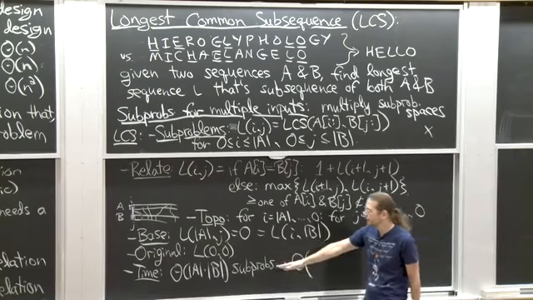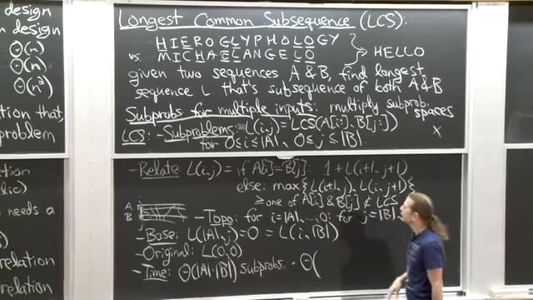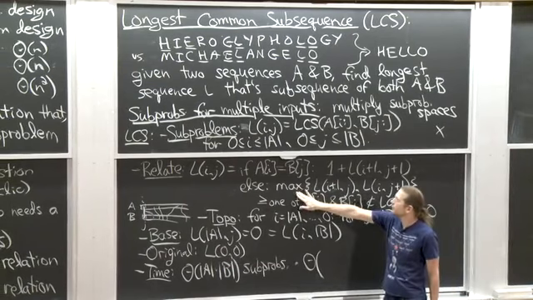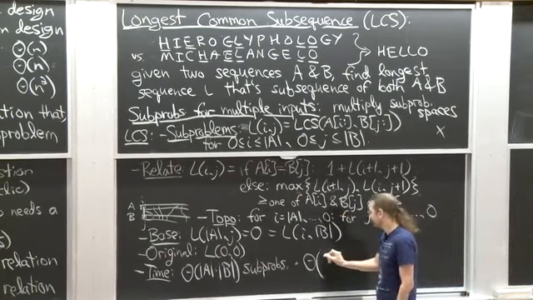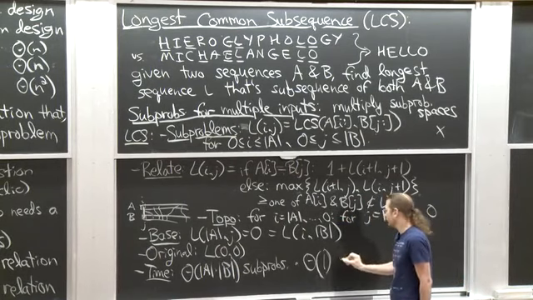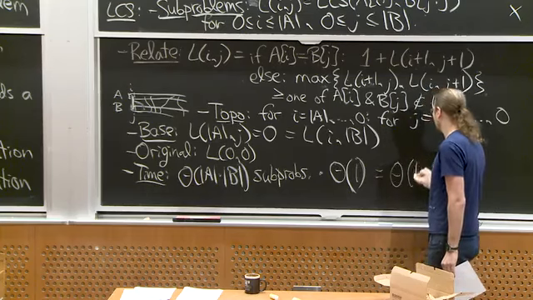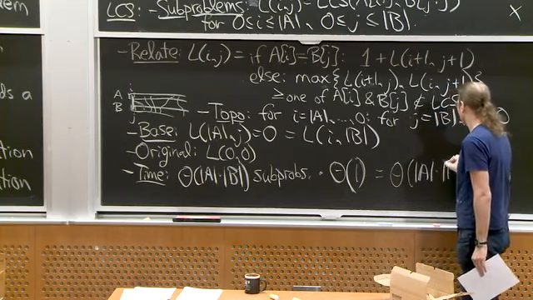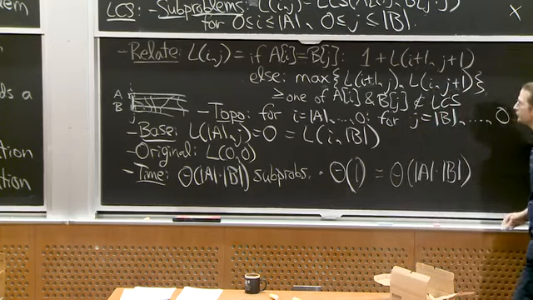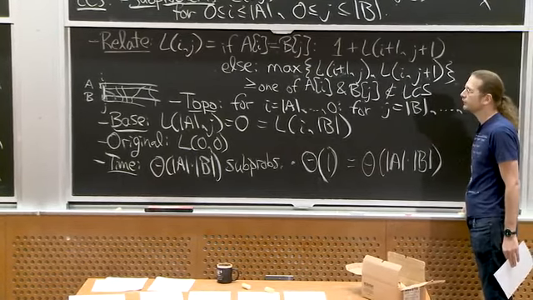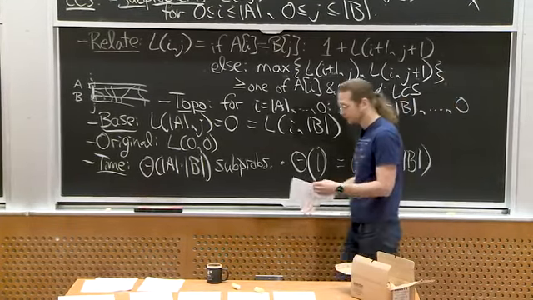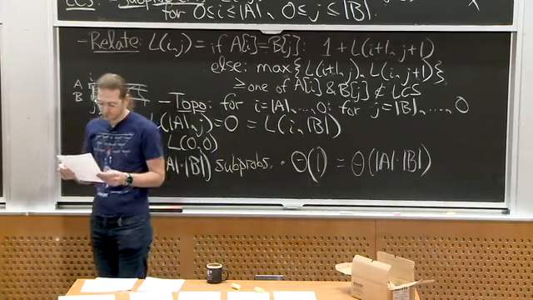They're already dealt with when I multiply by the number of subproblems. So I just care about this max computation and this equality check. And we'll say those each cost constant time. So this is quadratic time. If the two strings are size n, this is n squared. In general, it's the product of the two string sizes. And that's longest common subsequence.